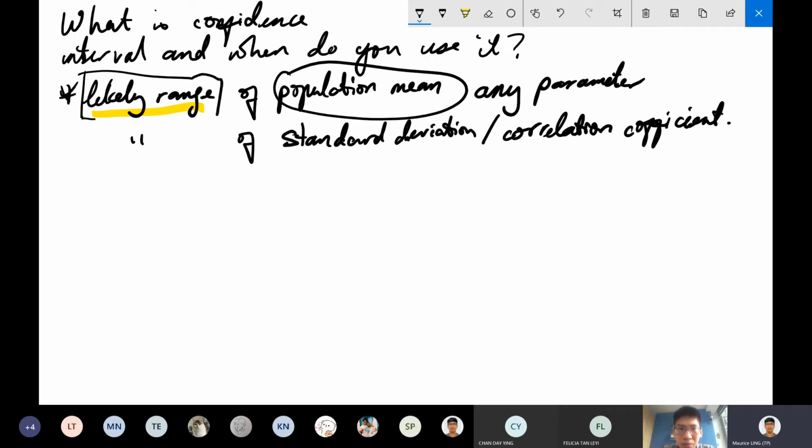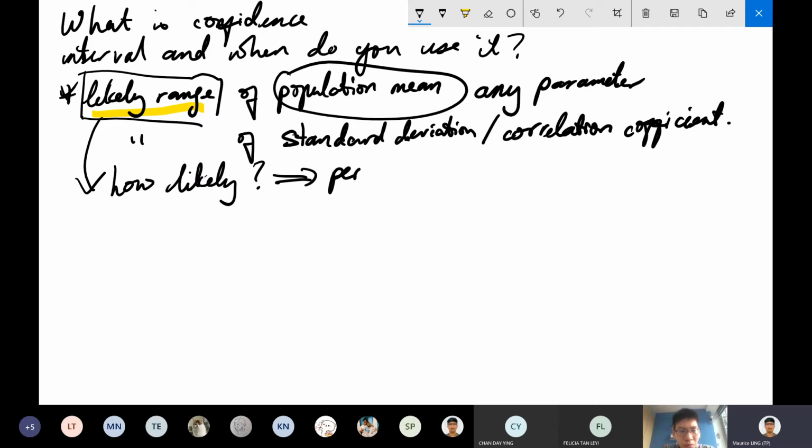So when you have a likely range, you have to then tell me how likely. So you have to give a percentage. How likely is something to happen? This is exactly when you use it: when you want to provide a likely range of a parameter.